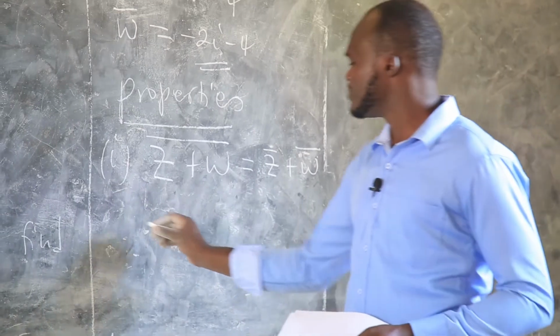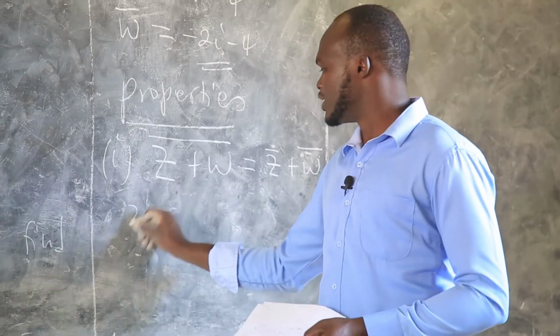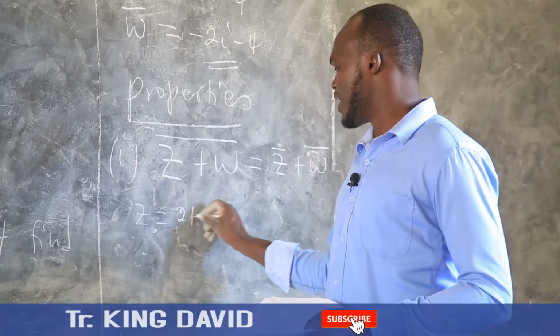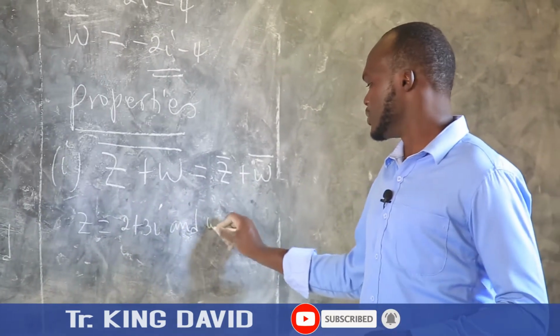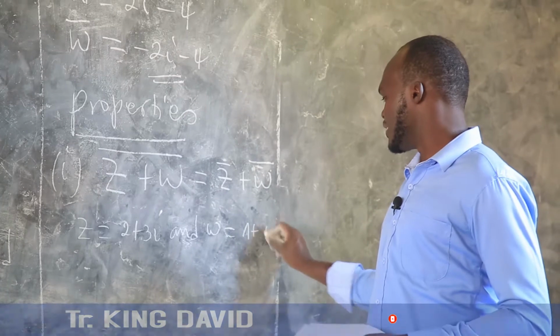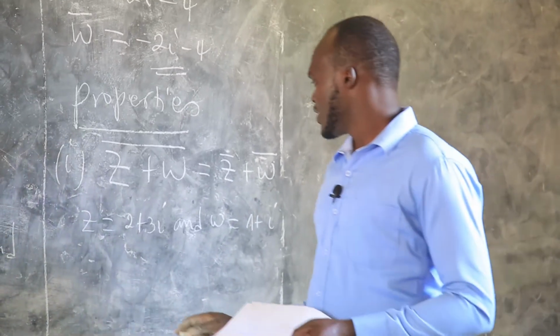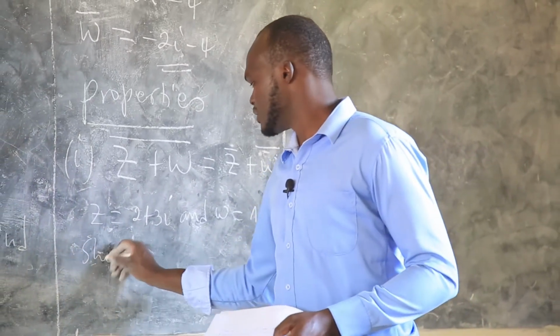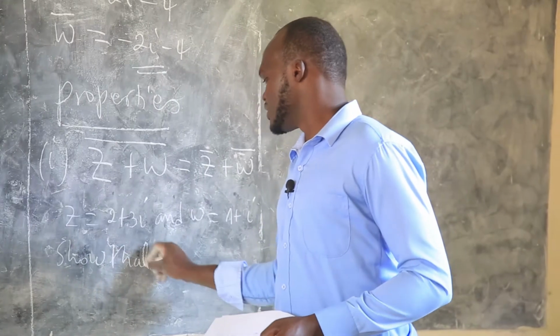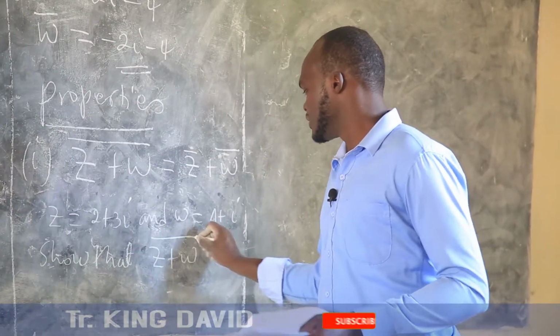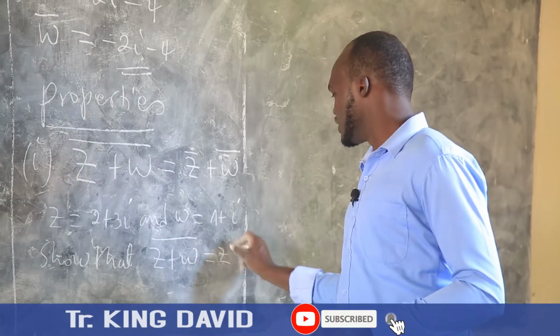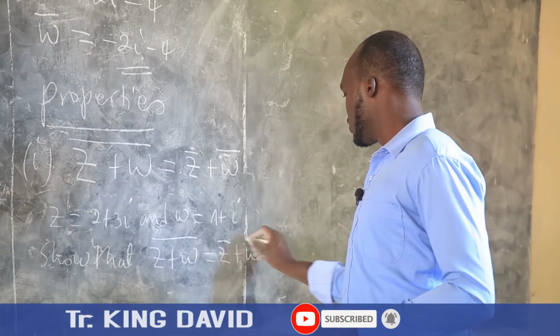For example, let us have Z equal to 2 plus 3i and W equal to 1 plus I. Then show that the conjugate of Z plus W is the same as Z conjugate plus W conjugate.